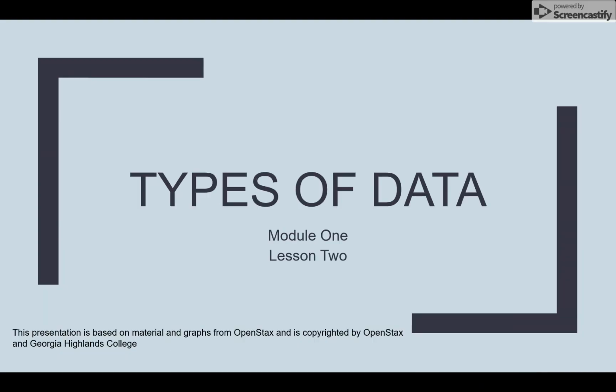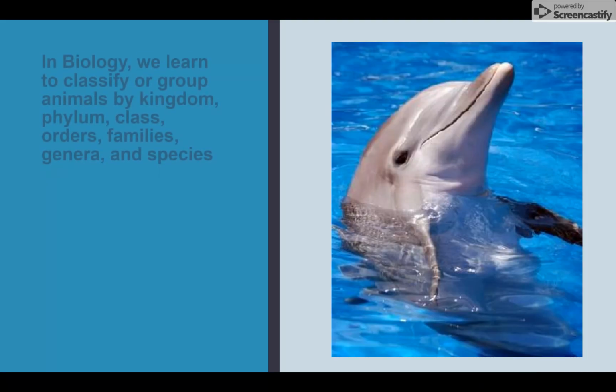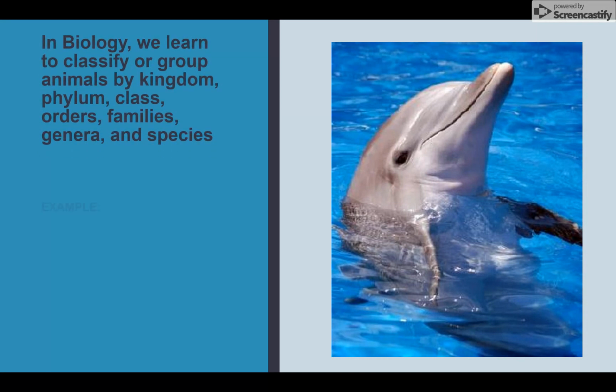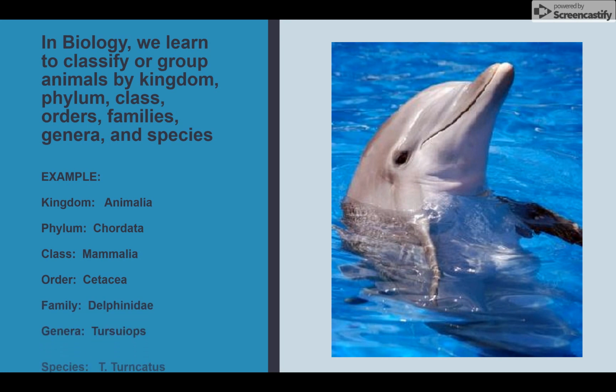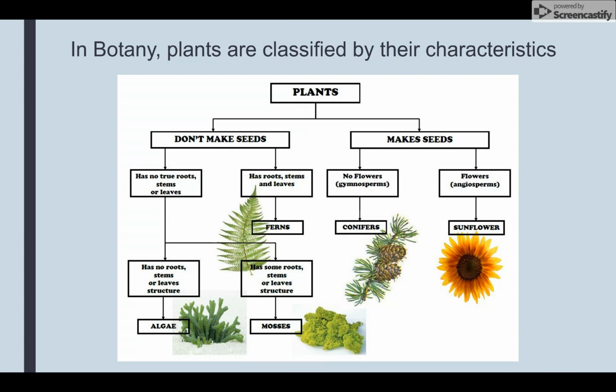Types of data. In biology, we learn to classify or group animals by kingdom, phylum, class, order, families, genera, and species. Similarly, in botany, plants are classified by their characteristics.